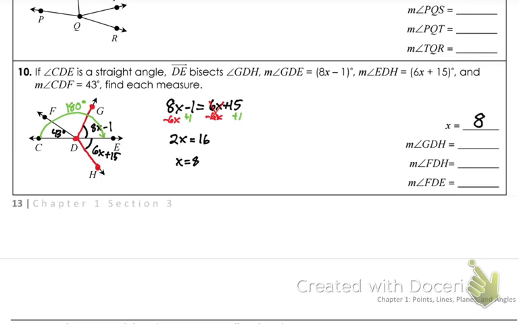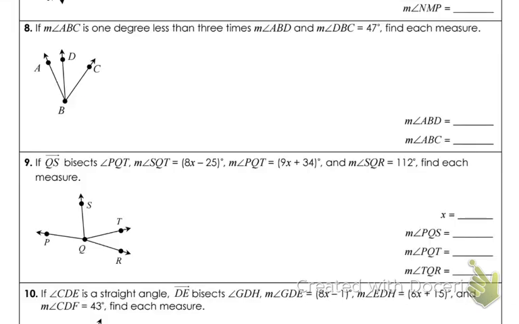All right, so we did 10, realizing all that stuff. 9 says QS bisects. Once again, you need to know what that word bisect means. It means creating two congruent angles. So if QS bisects PQT, so highlighting PQT, bisect means it creates two congruent angles. So that means PQS and SQT are equal.